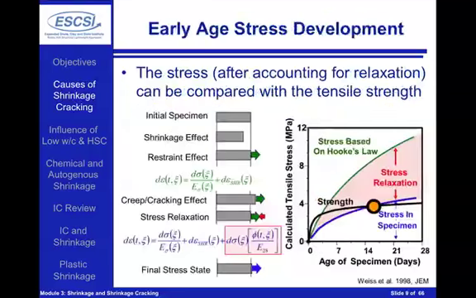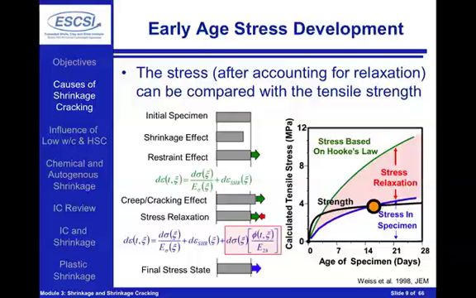Now, just to bring this back together, we can see the green line, which was what we were talking about earlier, which was the stresses that are developing just based on Hooke's law or elasticity. We see stress relaxation coming from the viscoelastic component, which reduces the stresses, that green line, to the blue line, which are the stresses that are actually developing in the system. And we can now start to compare that with the tensile strength or the resistance to cracking, which we see here in black.